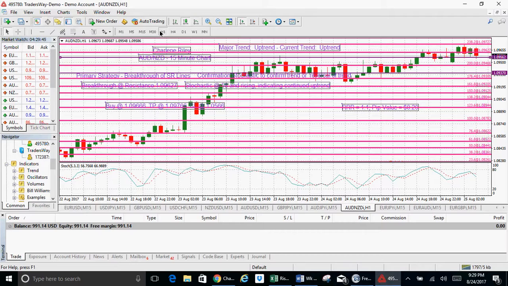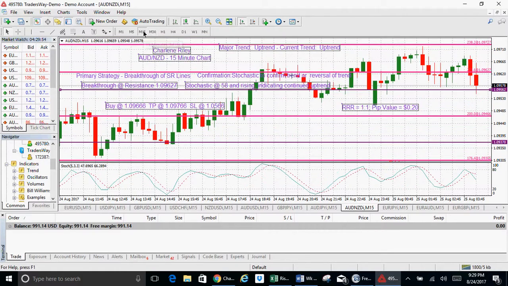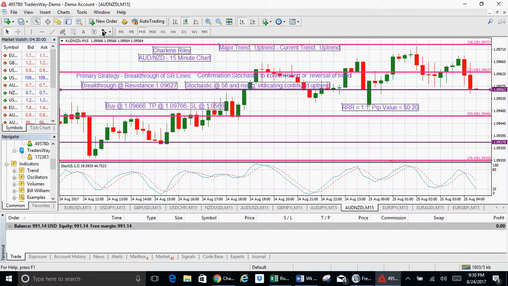But I see the downtrend, the bearish candlesticks on both the 1 hour and the 30-minute charts, and that is carrying over here onto the 15-minute chart.